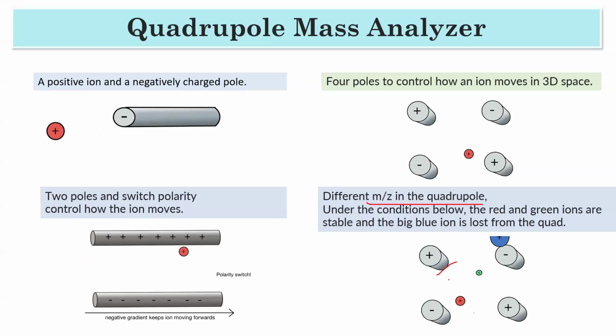Because of different mass, some very large masses are deflected more and hit the surface. So we may not analyze them if we have a particular voltage that cannot keep them inside the quadrupole.